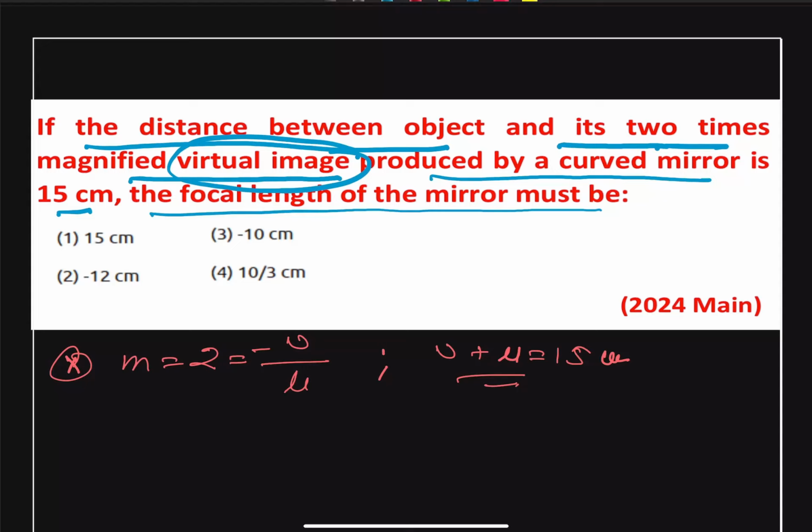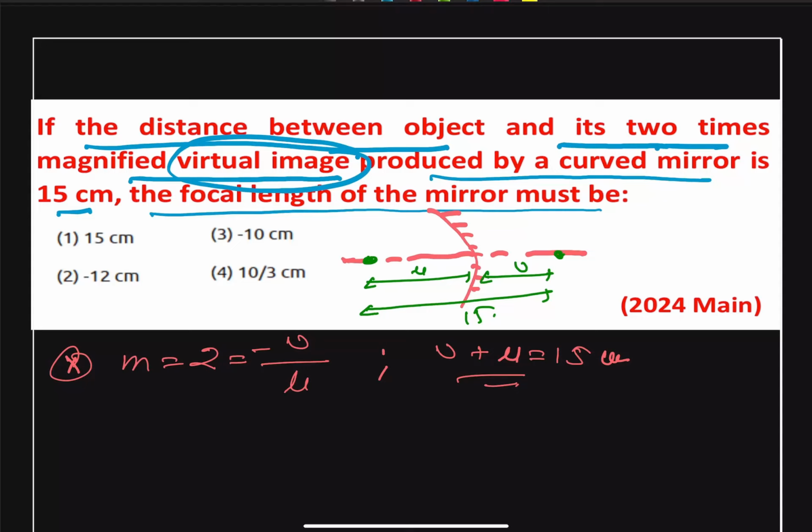We can also, if required, draw the approximate figure. So this is a mirror. Suppose we have an object somewhere here, and the image is somewhere here because it is virtual. This distance is our u, this distance is our v, and this total distance is given as 15.